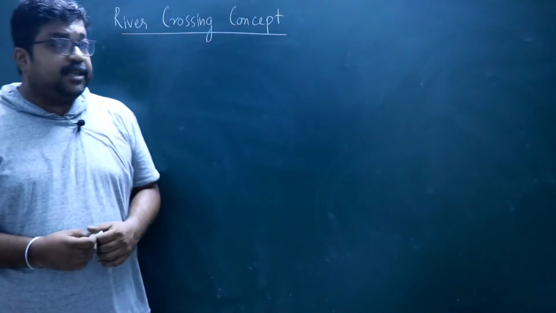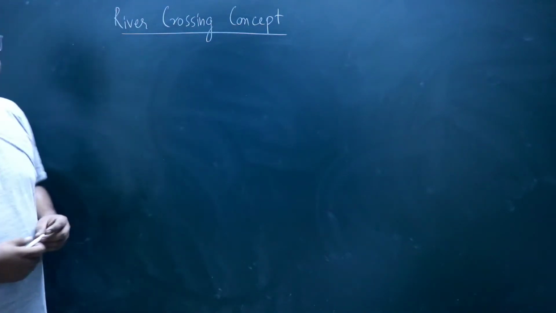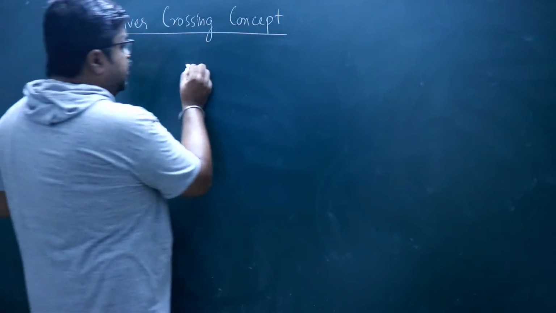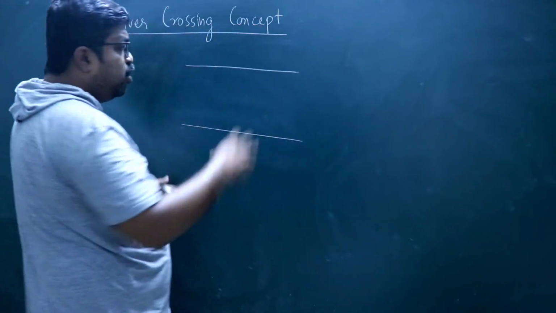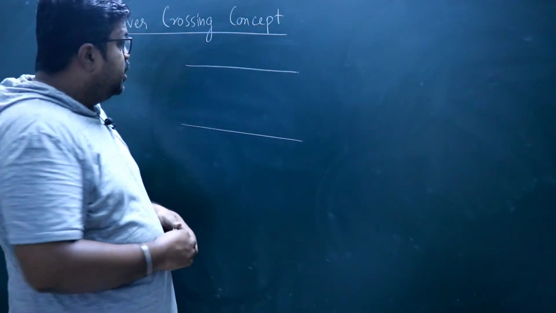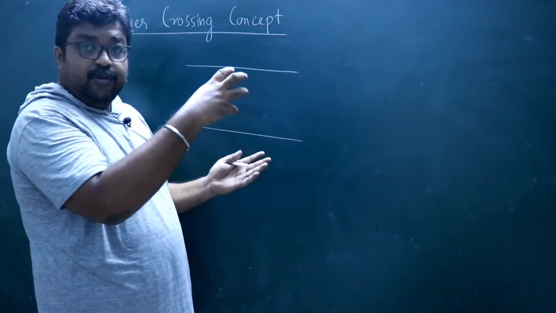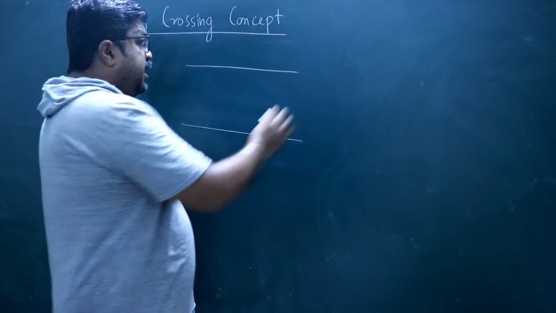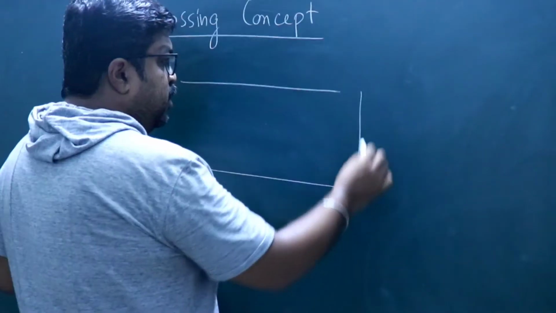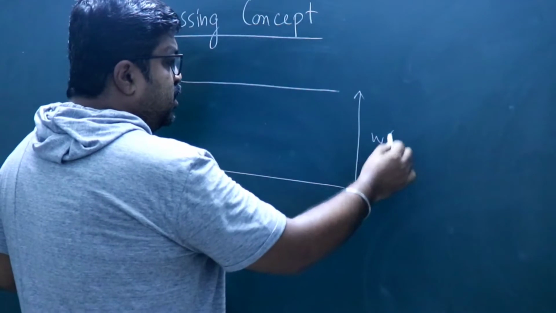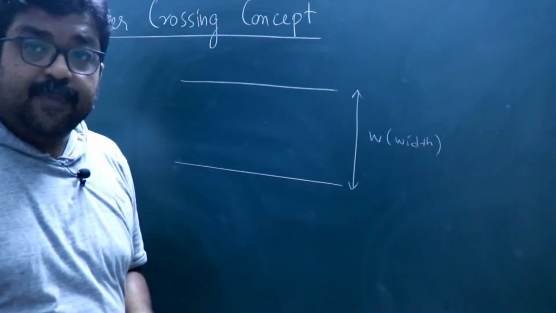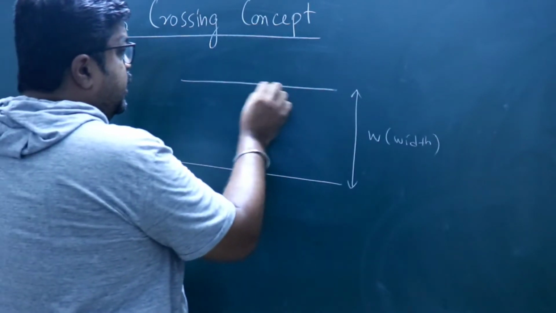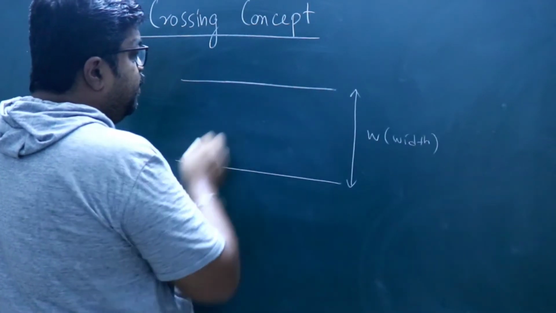So now let's start. This river crossing concept, suppose this is the river. This is the top view of the river. Suppose you are observing this river from a drone, from the top, and suppose this W is the width of the river, and the river is flowing in this direction.